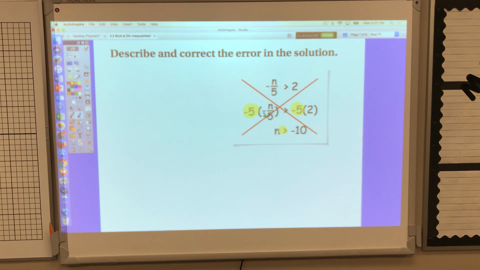So when they described the error, they forgot to flip their sign, or the inequality symbol would be the proper wording.